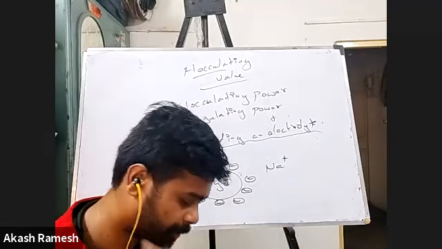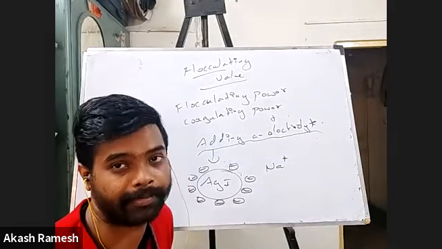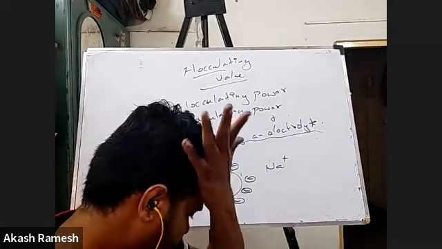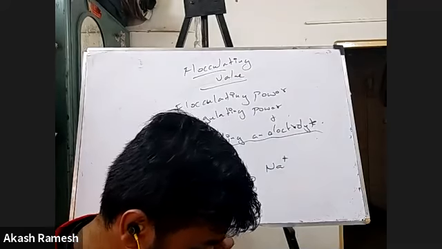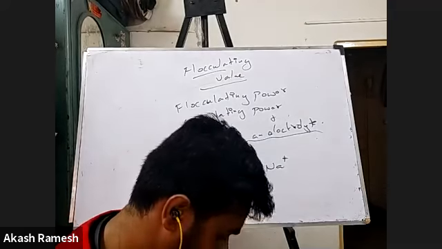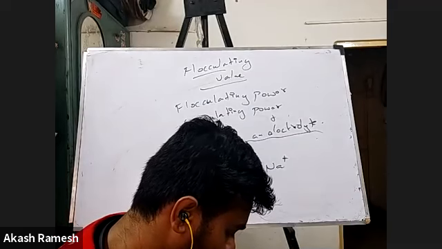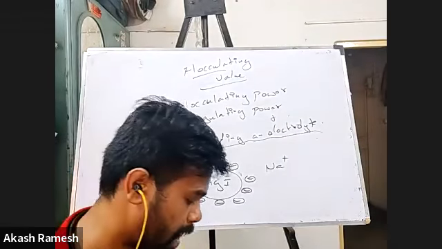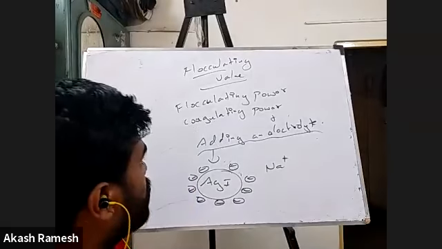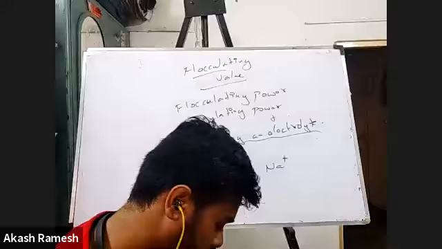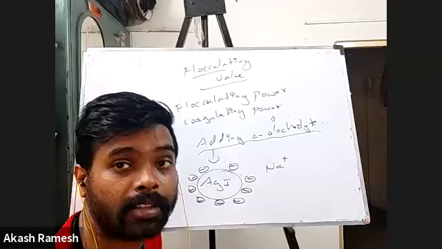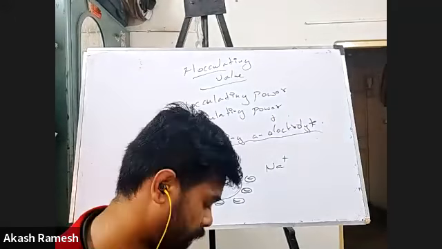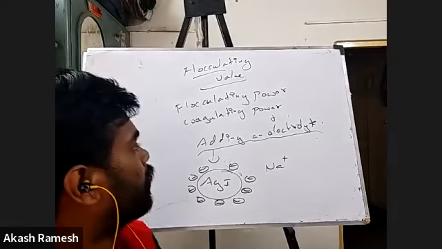In simple words, it is the ability of the electrolyte to perform coagulation. Both of these are the same, flocculating power or coagulating power. It is the ability of the electrolyte to perform coagulation, as simple as that.